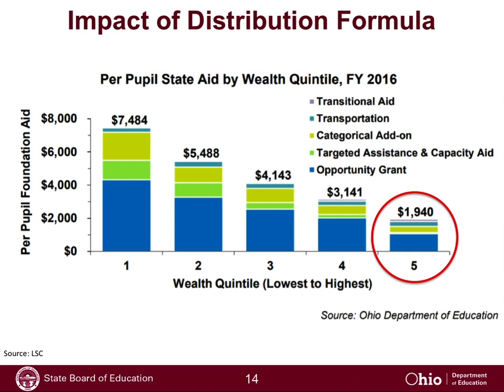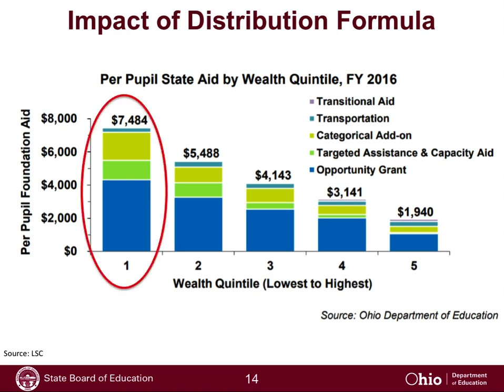So this graph looks almost exactly opposite of the earlier graph. The lowest wealth quintile, number 1, actually receives on average $7,484 per pupil from the state, because their capacity to generate resources from their property wealth and their income wealth is relatively small.